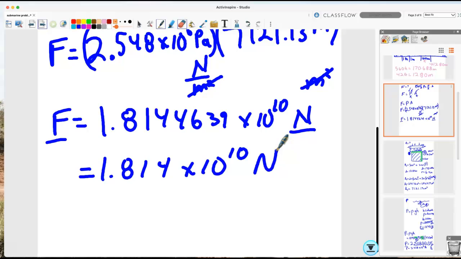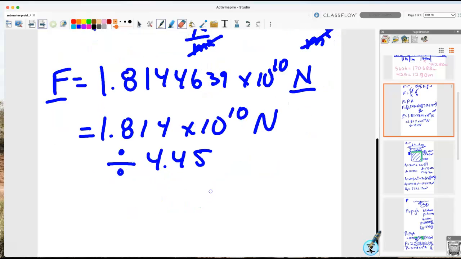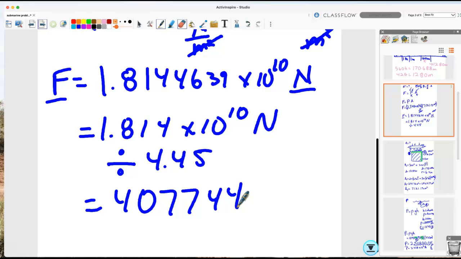Now, we have no idea what that really is. So what I'm going to do is divide that by 4.45 because I know something about that. Divide that by 4.45 and I get 4077447020.